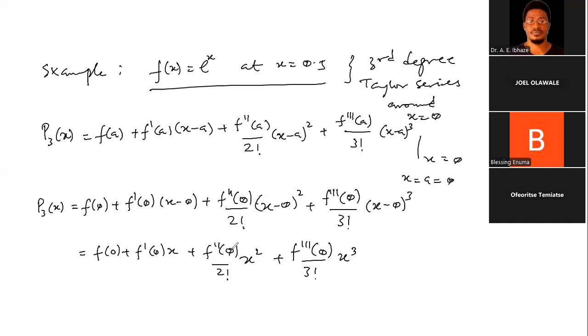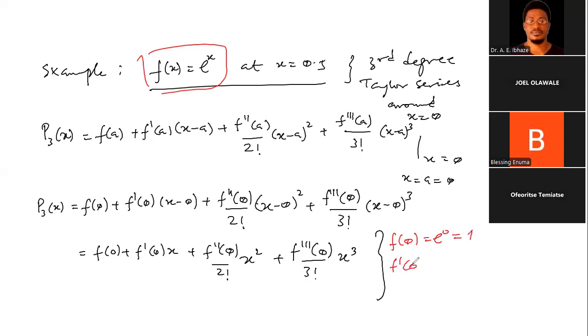Now we can resolve the derivative functions. We already know f of x is the same as e to the x. Once we substitute x to be the same as 0, our first term, f of 0, will be the same as e to the 0, which is 1.